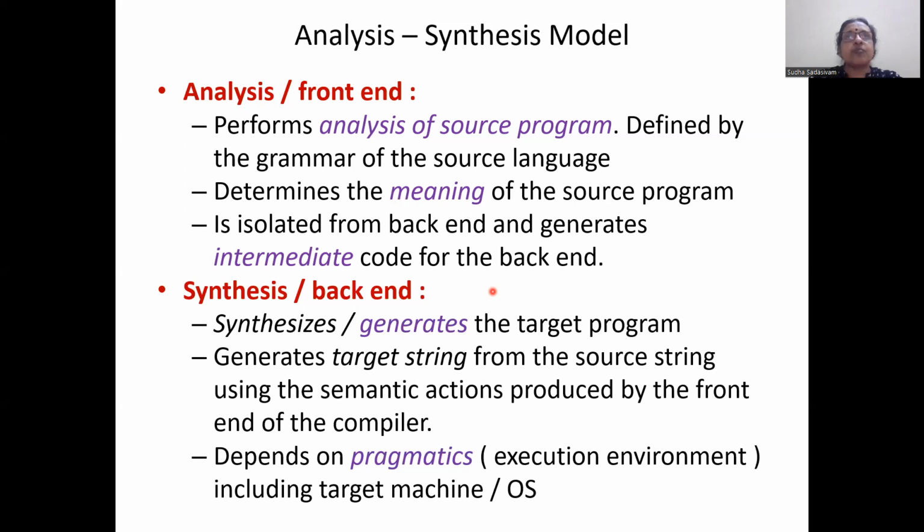It also depends upon the pragmatics or the execution environment for which it is generating the target code. So the basic purpose of the backend module is to generate the target code which could be understood by the hardware or the machine.